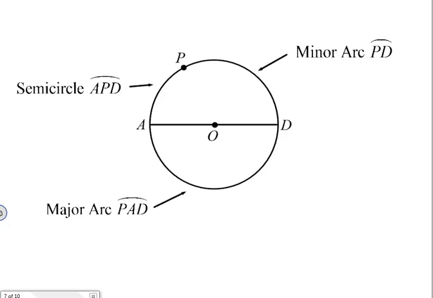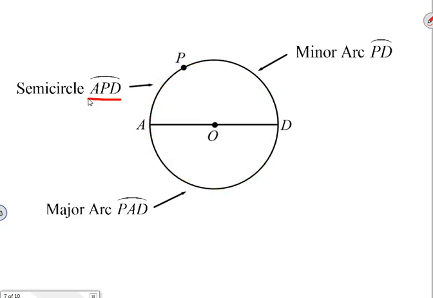Now note that when we name a semicircle, we have to name it with 3 letters. Because if we named it just semicircle AD, you wouldn't know if we were talking about this semicircle or this semicircle. So it's important to note that we name a semicircle with 3 letters.